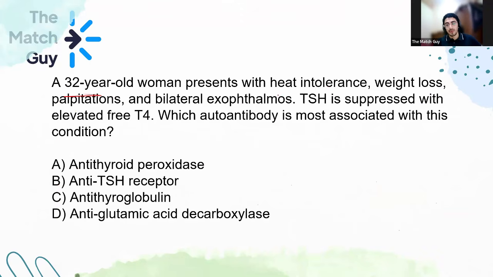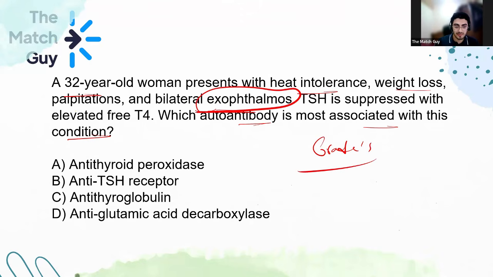A 32-year-old woman presenting with heat intolerance, weight loss, palpitation, and bilateral exophthalmos. Which autoantibody is most associated with this condition? Amazing. So this is a classic presentation of Graves' disease, the hyperthyroidism and the exophthalmos.